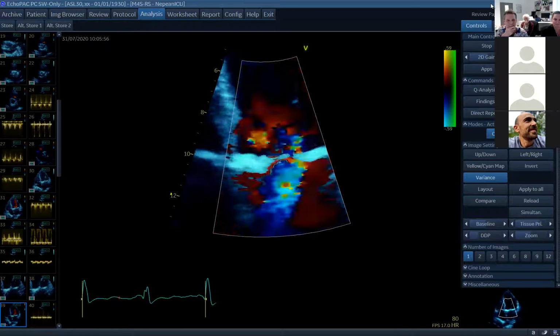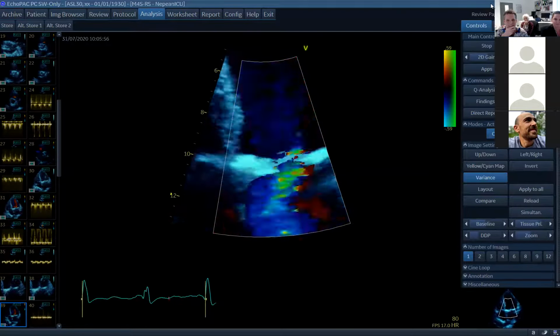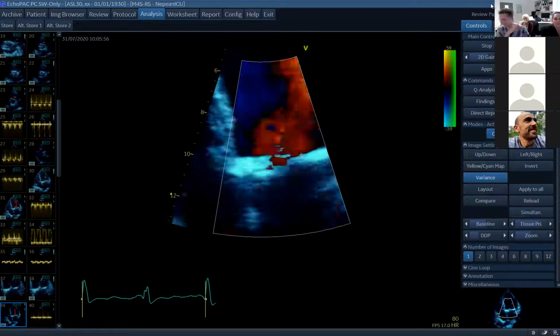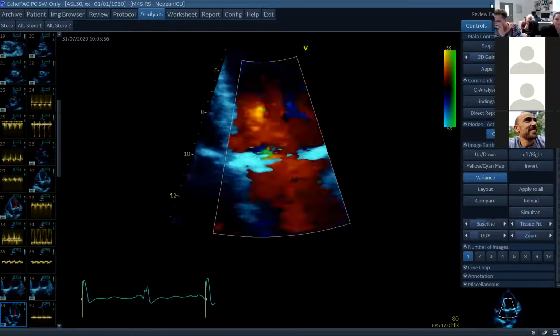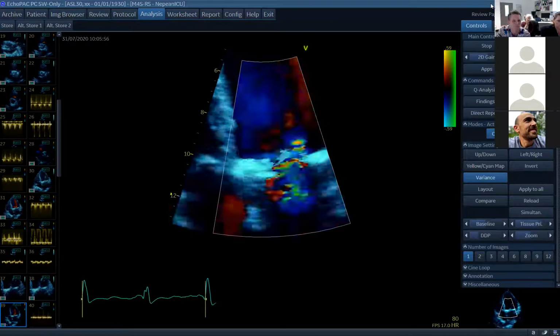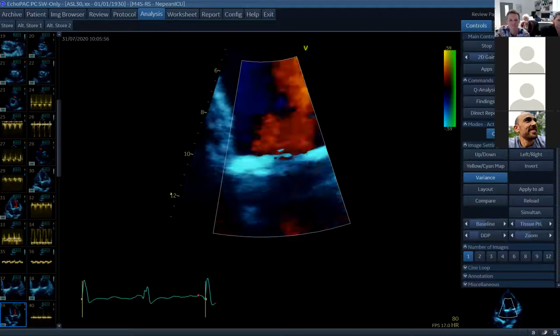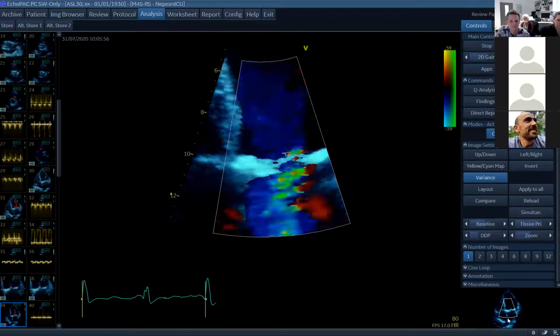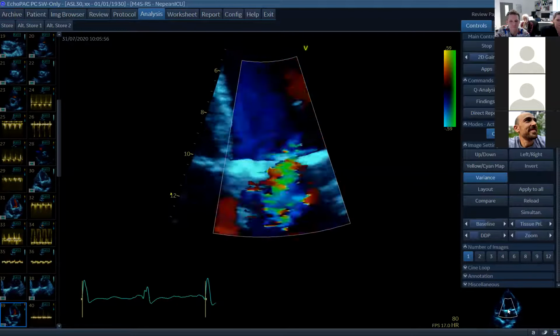So the scale's set to 59, so it's just below what's recommended for ASE quantification. It looked like there was a fairly eccentric jet, but still hitting the back of the left atrial wall, which itself was dilated.